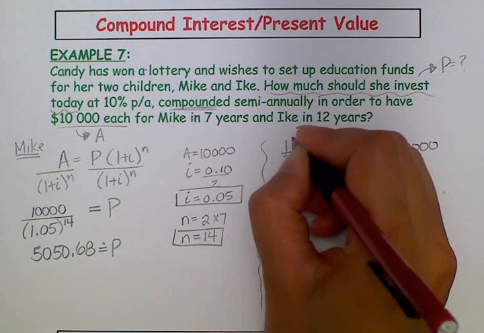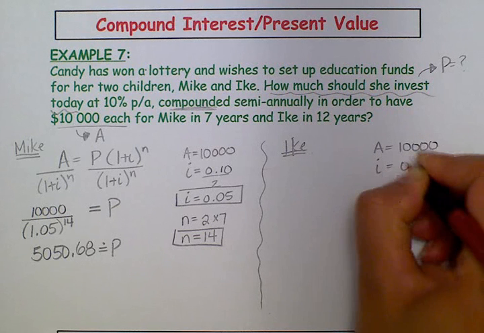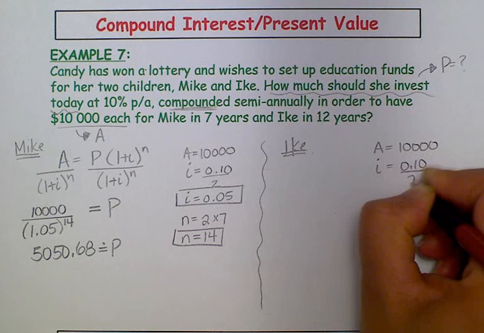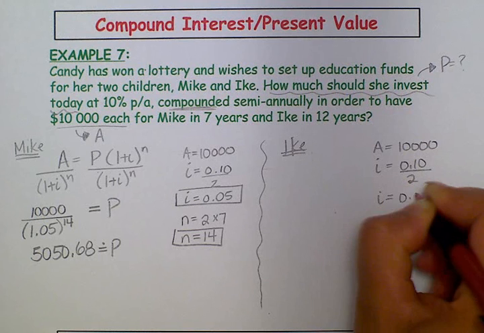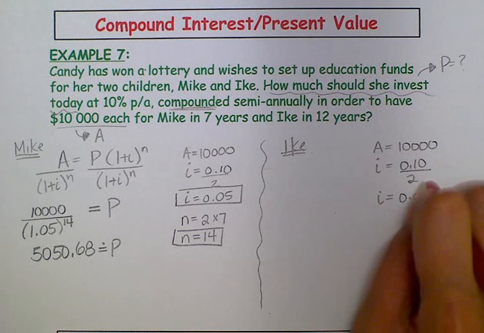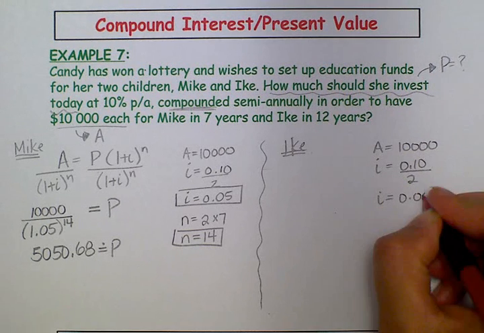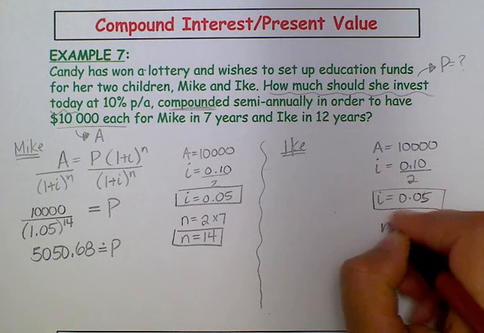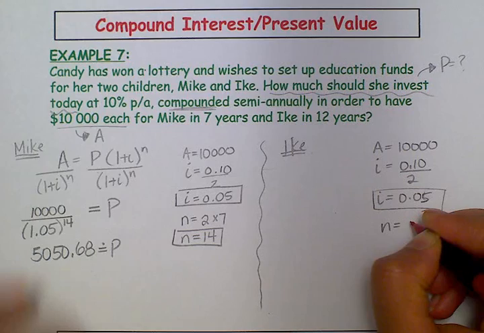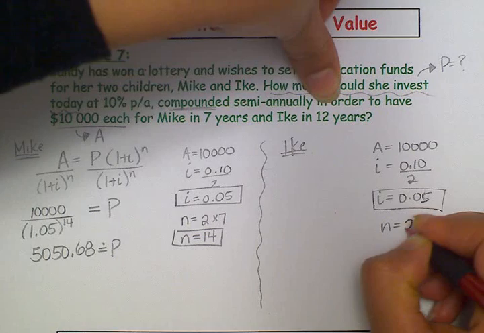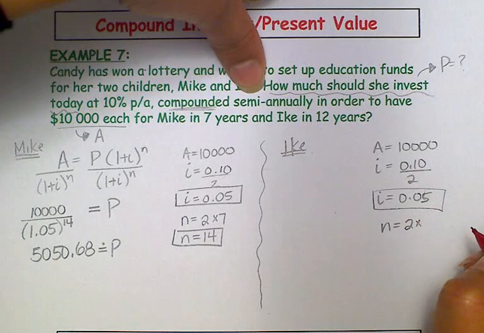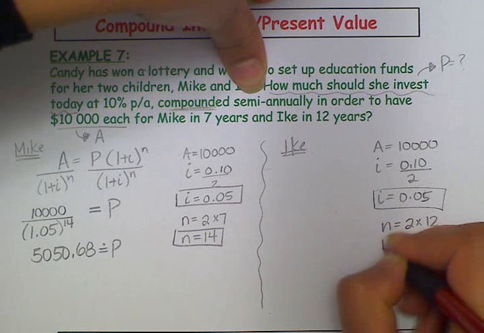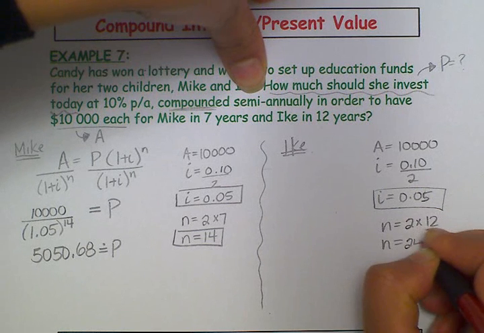And the interest rate is 10%, compounded semi-annually, so that hasn't changed, so that's still 0.05. And the number of compounding periods, now this is what's going to change. She's investing for 12 years for Ike, so twice a year, since it's compounded semi-annually, for 12 years gives me 24 compounding periods. So that's the only thing that's really changed.